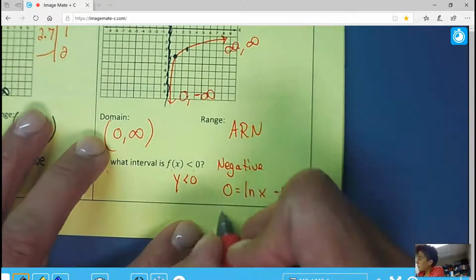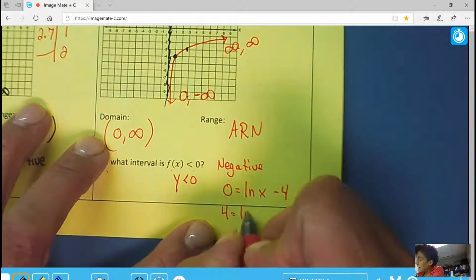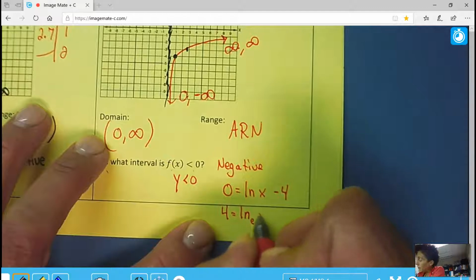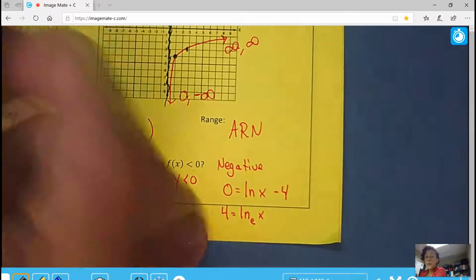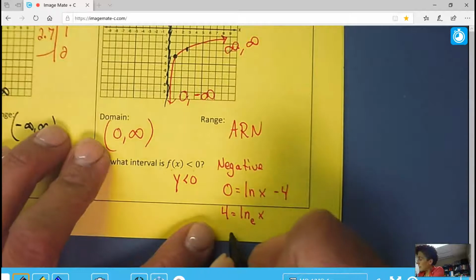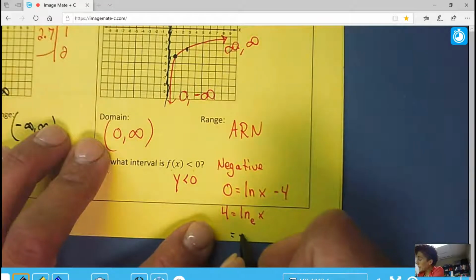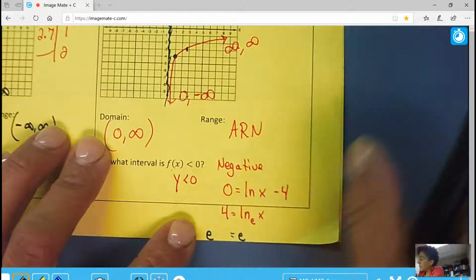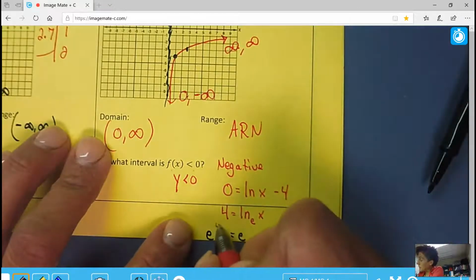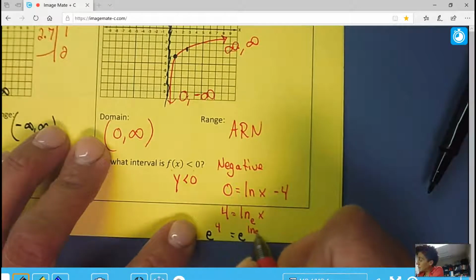So I'm just going to add 4 to the other side and put my understood base of e here. And now to get to x, since it is a log, I would undo that log by making an exponent. And I'll make the base of the exponent e, so base this side e. And then I need the exponent, so this becomes the exponent and this becomes the exponent.